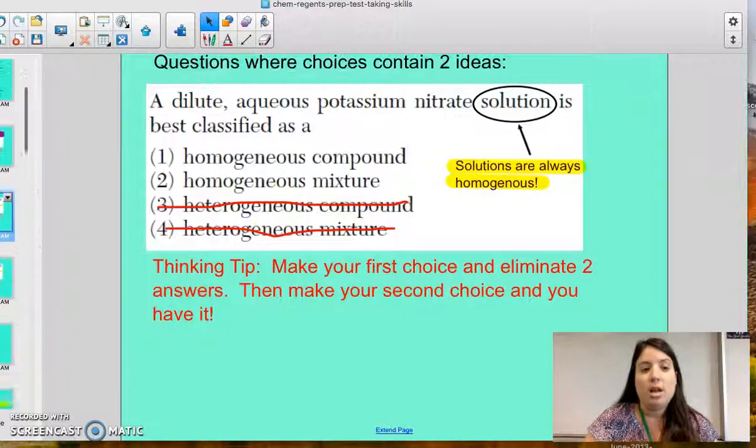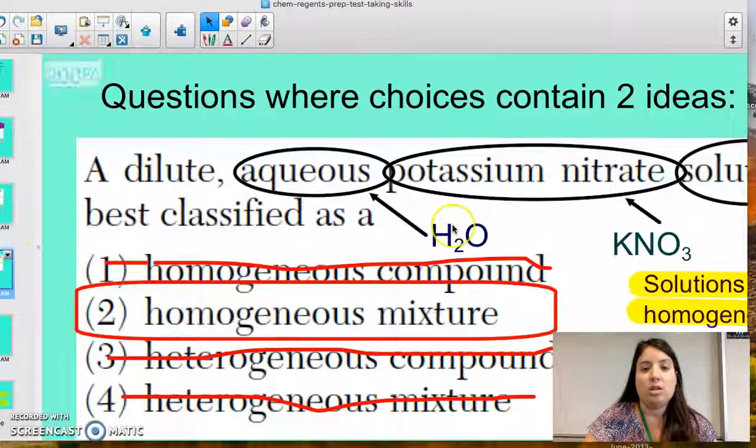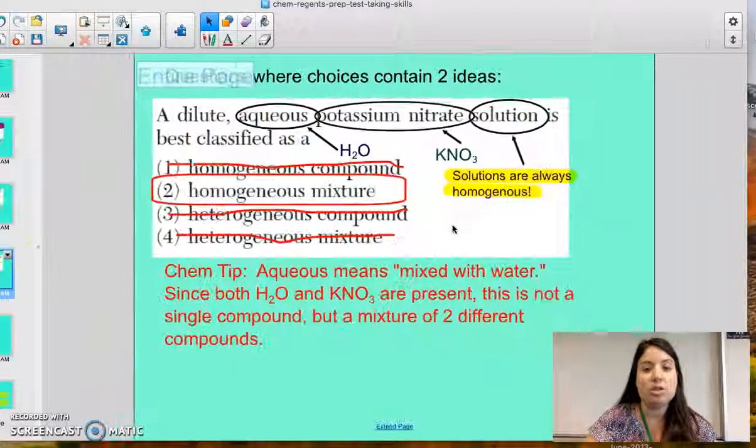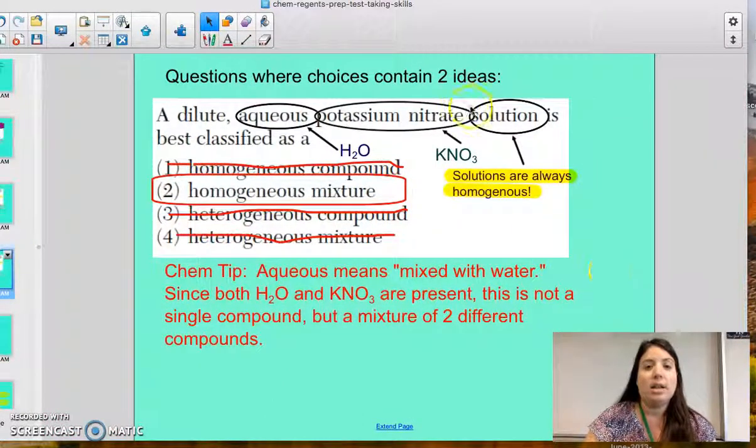Then we can make our second decision. The word aqueous also means that there's water involved, and we know that potassium nitrate has the chemical formula KNO3. So again, aqueous means mixed with water or dissolved in water. Since both water and potassium nitrate are present, then it's not a single compound, but a mixture of two different compounds. So we've got a mixture here.